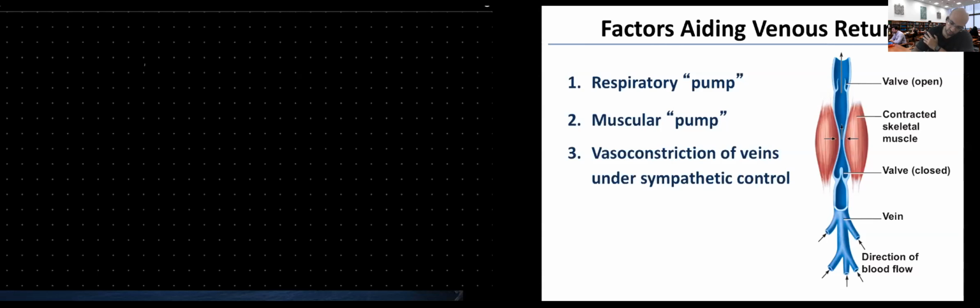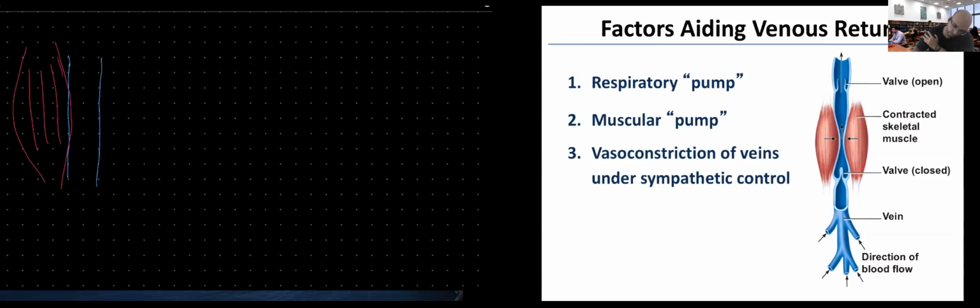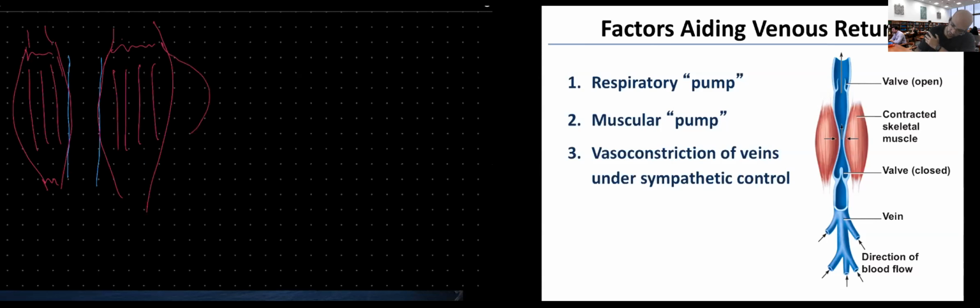So if I'm looking here at the vein, my leg veins are surrounded by muscles, and those muscles, when they contract, remember, a muscle contraction is a shortening in the length of the muscle, but at the same time, they will be bulging out like this.